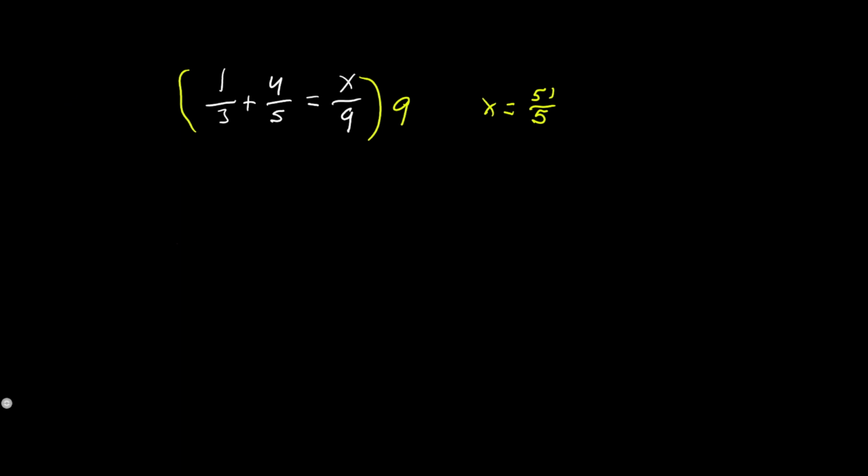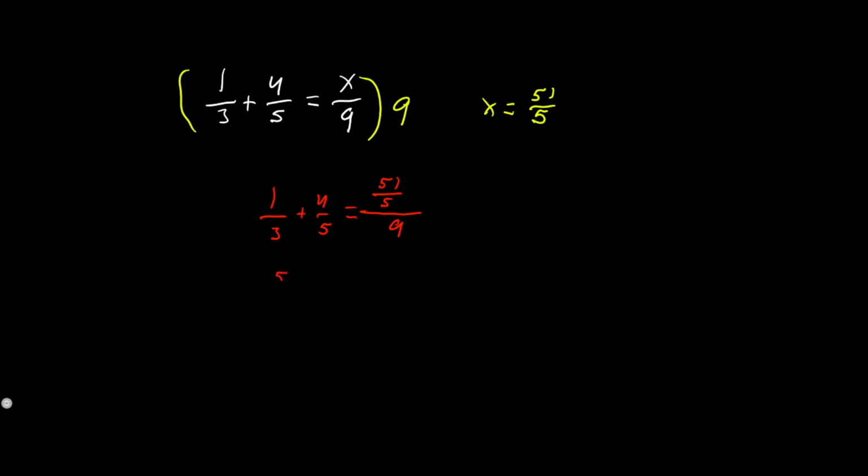So we have 1/3 plus 4/5 is equal to 51 over 5 divided by 9. Here we are going to just group the left-hand side, and we're going to multiply 5 and 1 and 5 and 3.